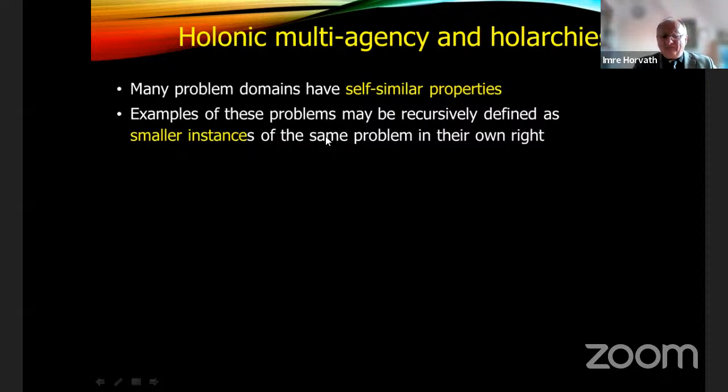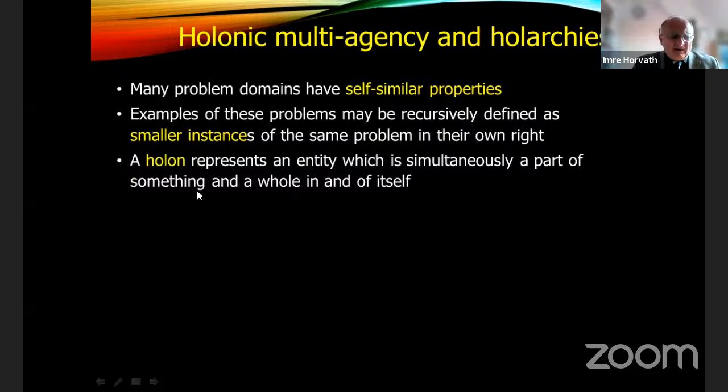Examples of this problem may be recursively defined as smaller, lower-level instances of the same problem in their own right. And this is where the concept of the holon comes in, and the holon represents an entity which is simultaneously a part of something and a whole in and of itself.